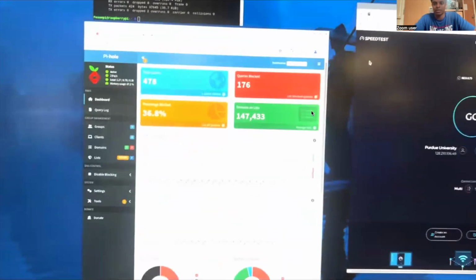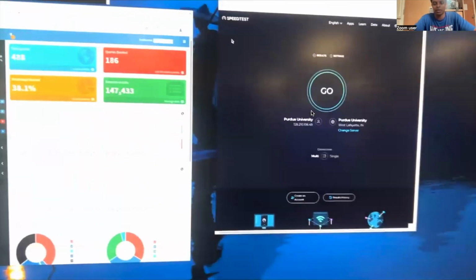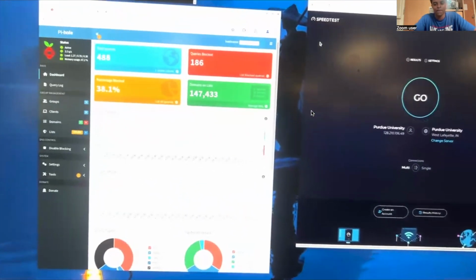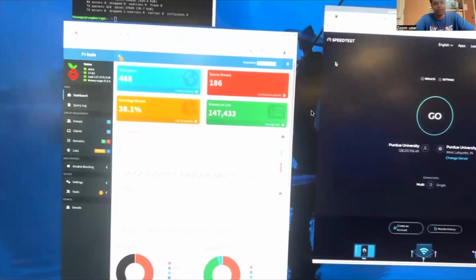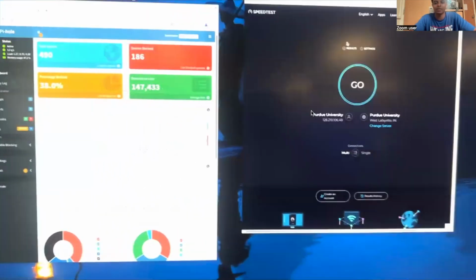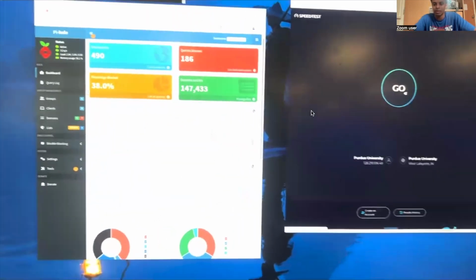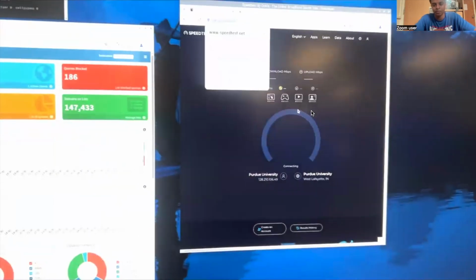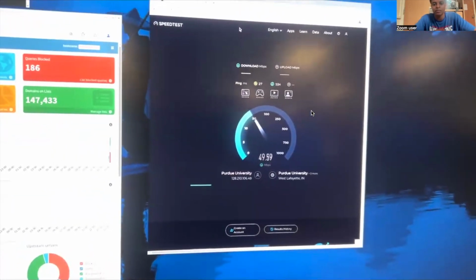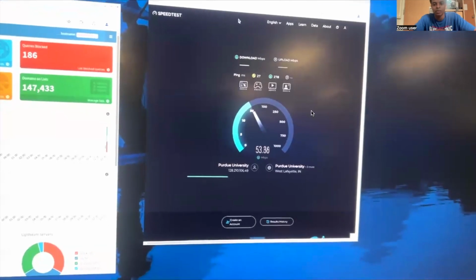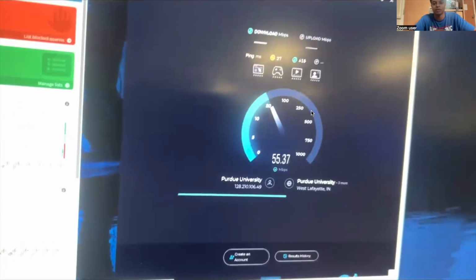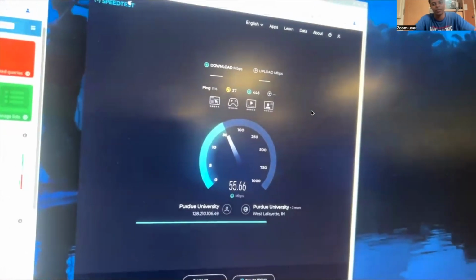And I'm going to run a speed test soon. So you can see I have the Pi-hole on one side and the speed test website on the other. As it goes, it's downloading the information needed.